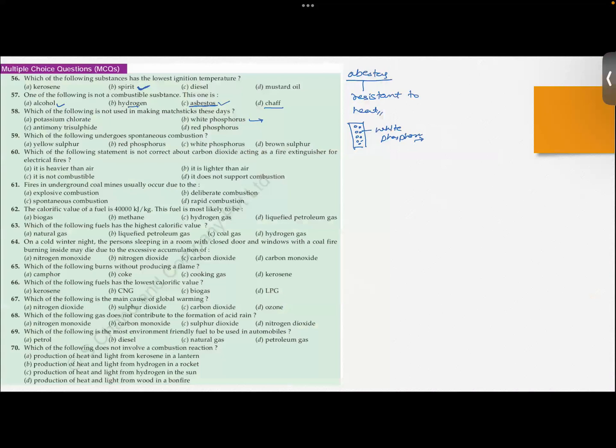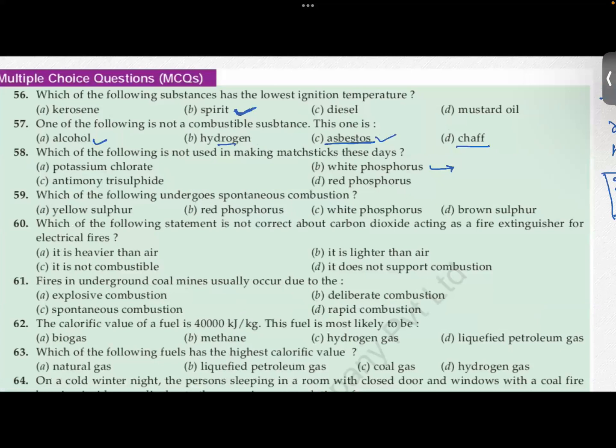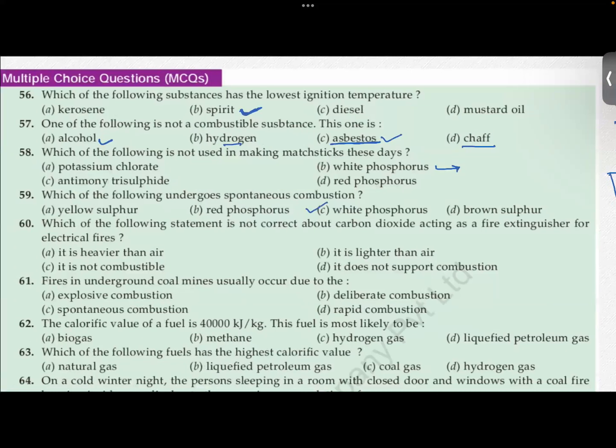So for spontaneous combustion, white phosphorus was responsible. So option C is the right answer. Got this one? Yes, sir. Next question.